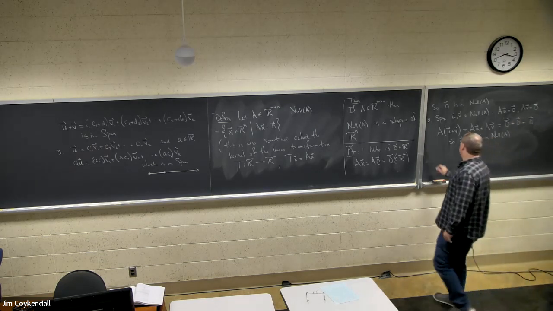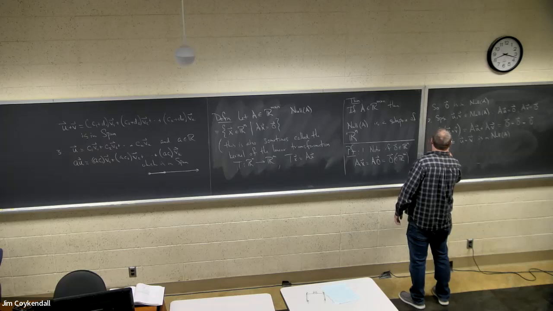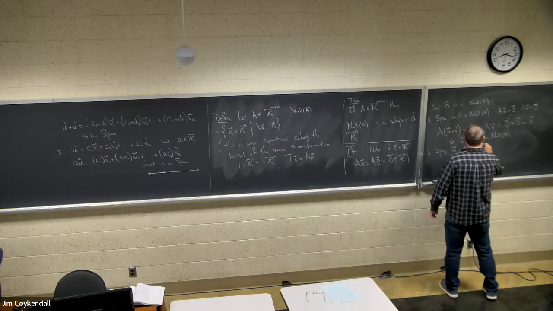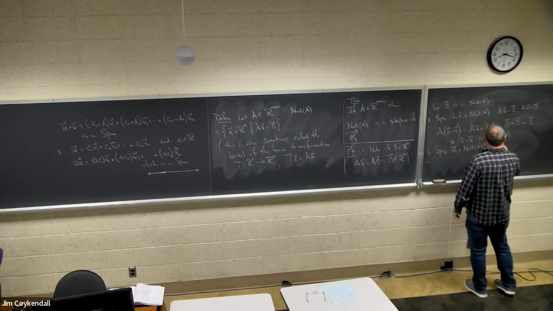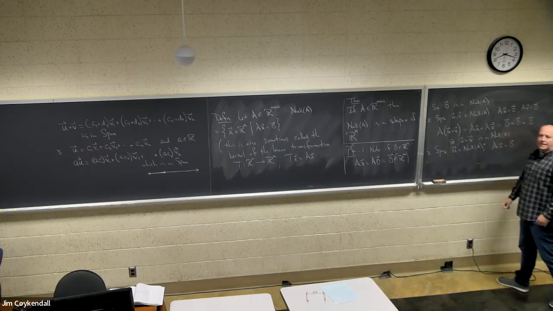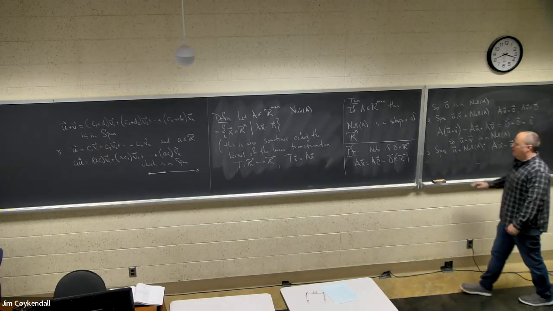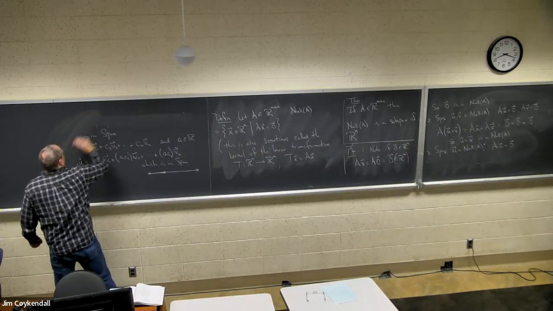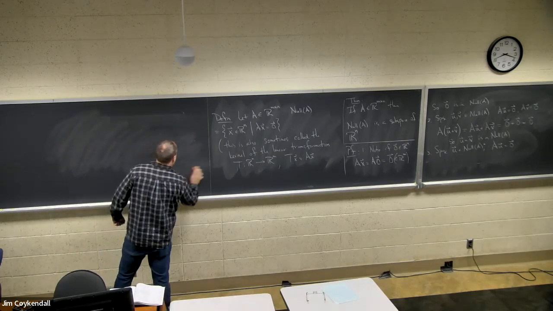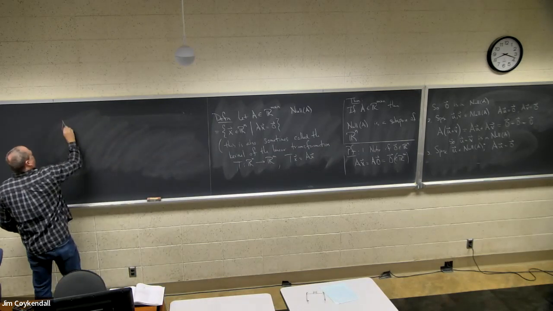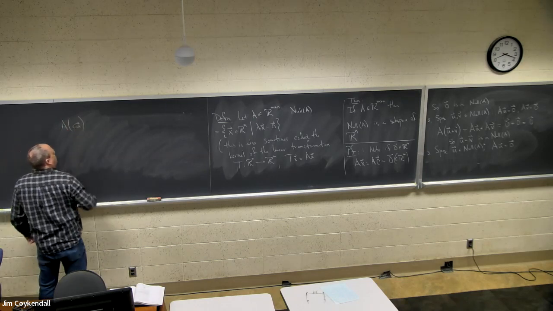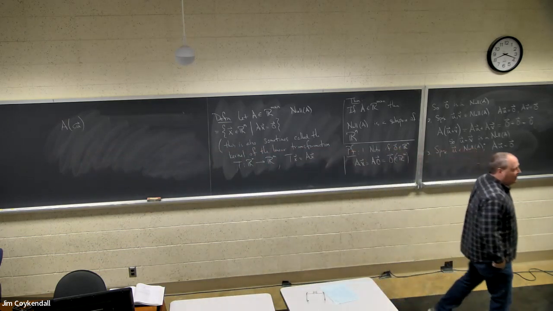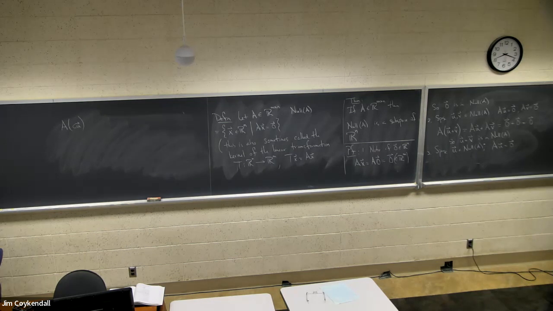And finally, suppose u is in null A. What does this mean? It means again, Au is the zero vector. Now let's check a constant. Let's see if a constant times u is still in the null space. So I've got A times cu.